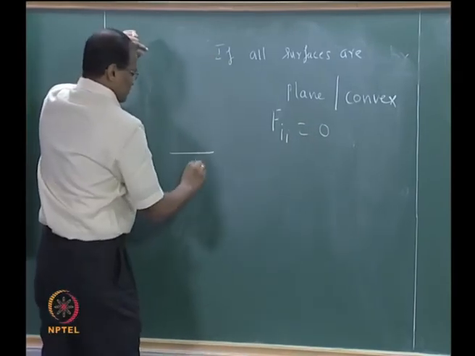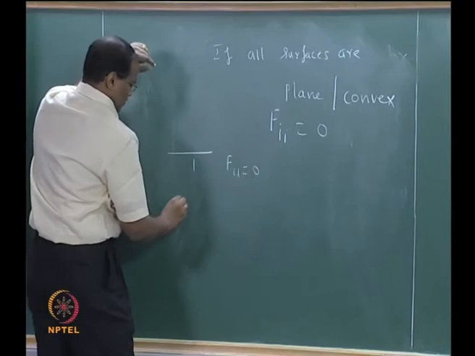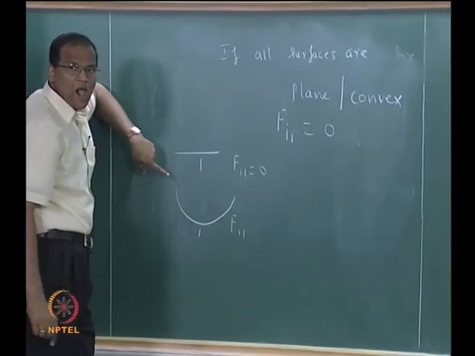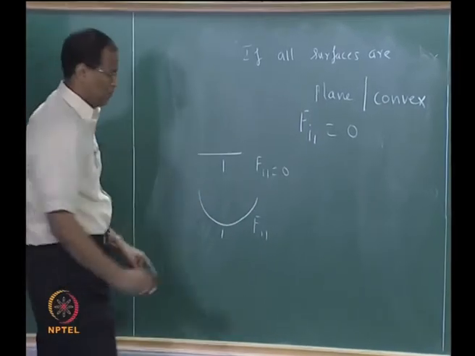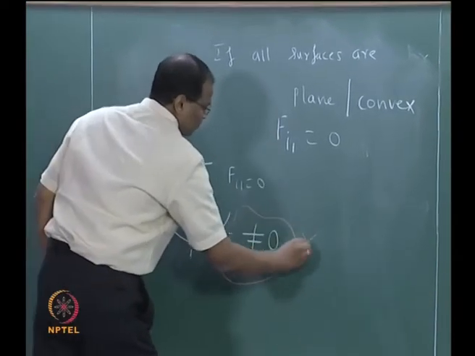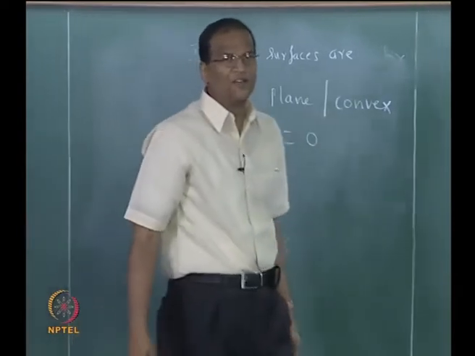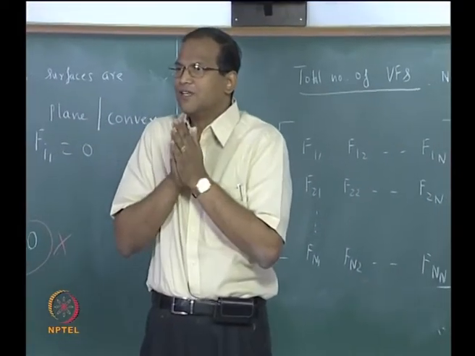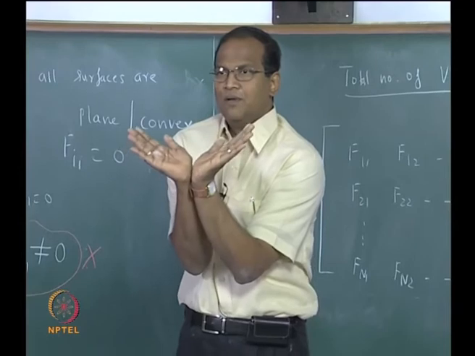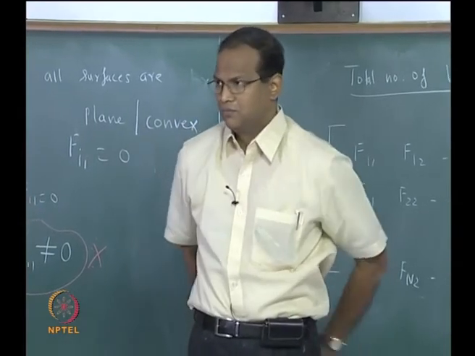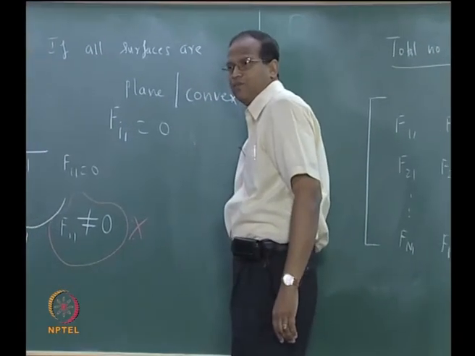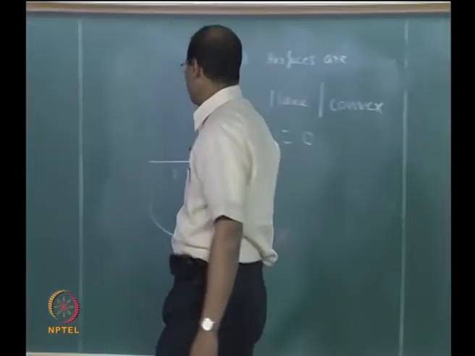For a concave surface, please note, it will give some trouble, so you have to handle concave surfaces with care. For a convex surface there is no problem, because if it is like a hemispherical cup it will look at itself. That is called Fii, the self view factor, okay.